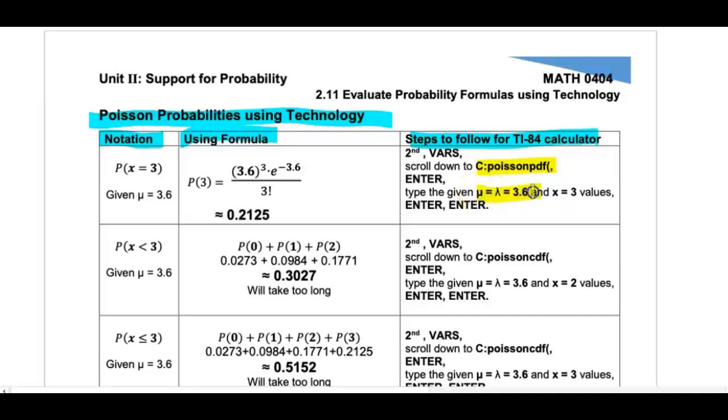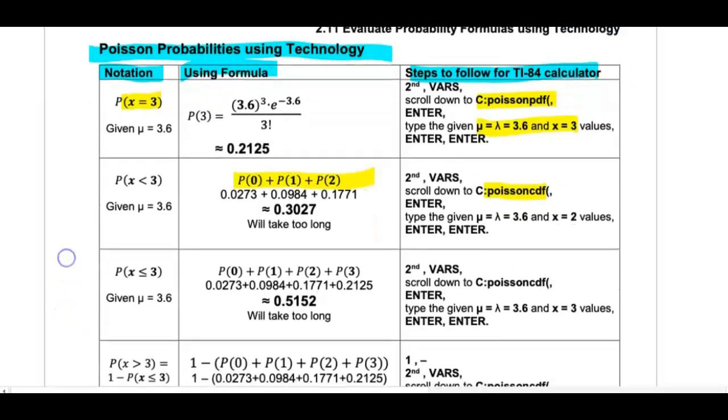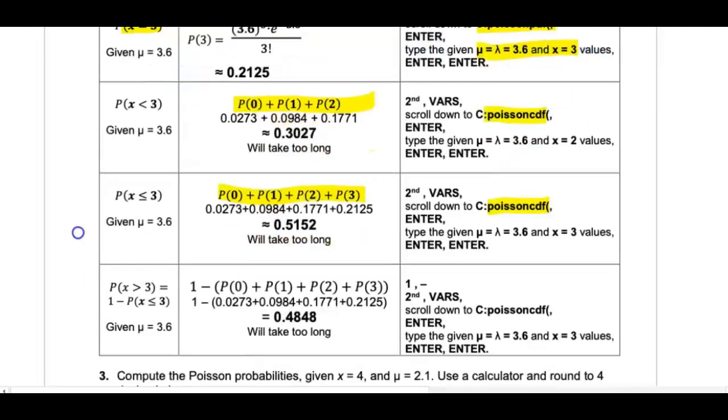You're going to be giving your values. Now we're going to have a similar situation in which if we have an equals to 3 value, we're going to be using our PDF. If we have less than 3, that would be 2, 1, and 0, then we're going to be using a CDF. In the next row, we have less than or equal to 3, so that would be 0, 1, 2, 3, so we have CDF.